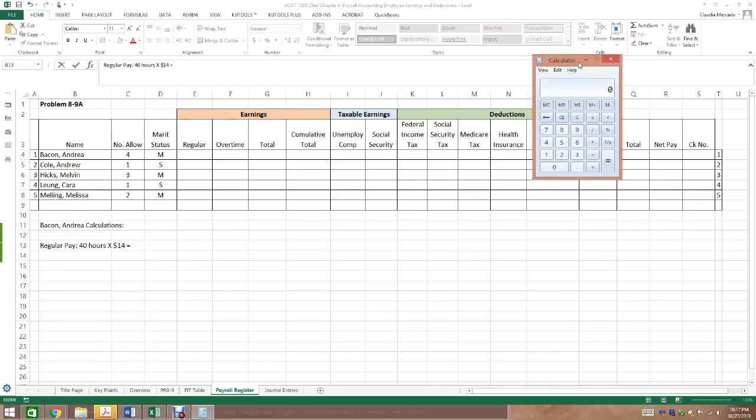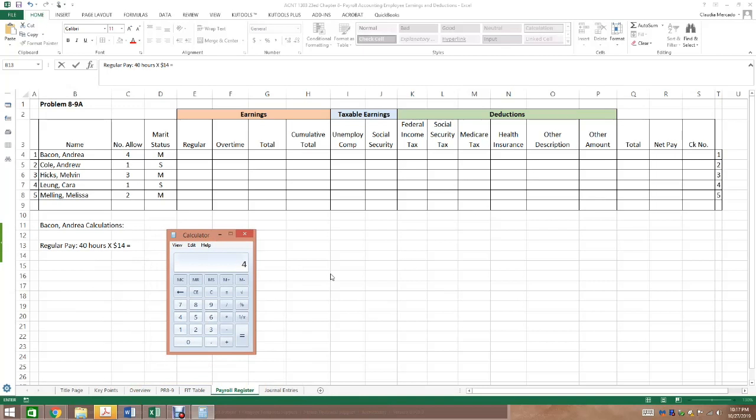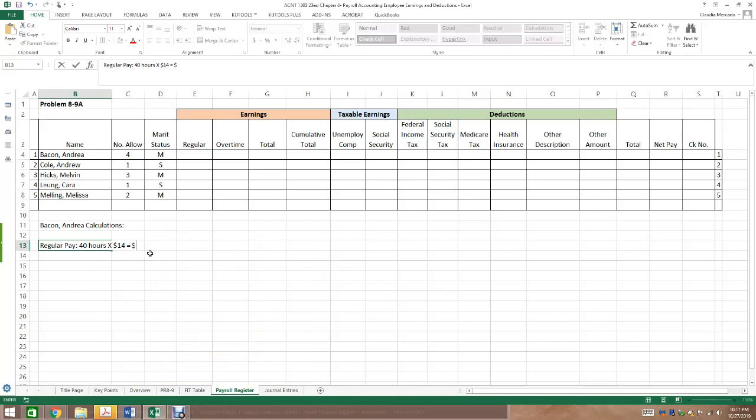So it's 40 hours at $14. That's $560. That's how much the person makes on regular pay. So my regular pay is $560. I'm going to go ahead and enter that information right here.